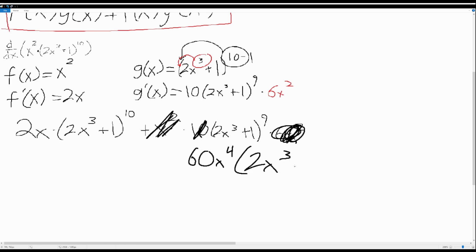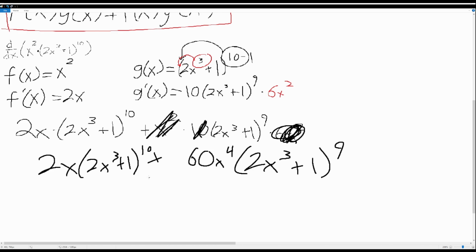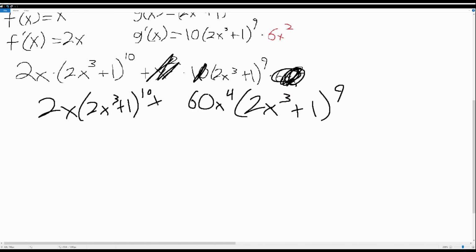And we have this plus 1, 9, plus 2x cubed plus 1 to the 10th power. And from what I remember from the video, we're supposed to factor here because those two are similar. I'm pretty sure we could factor a 2x out of this, right?